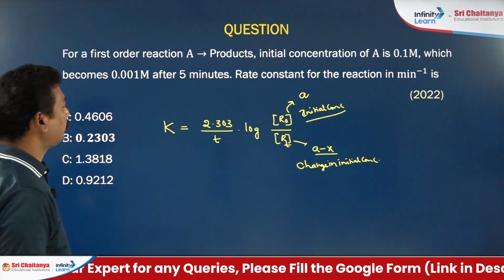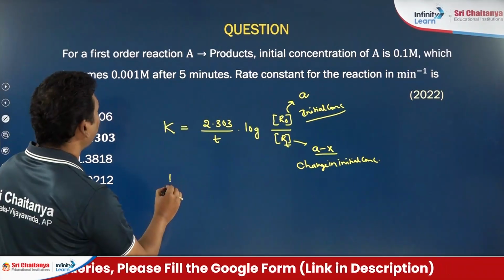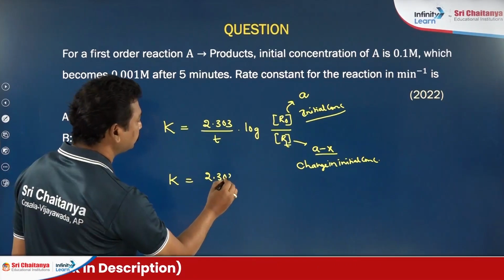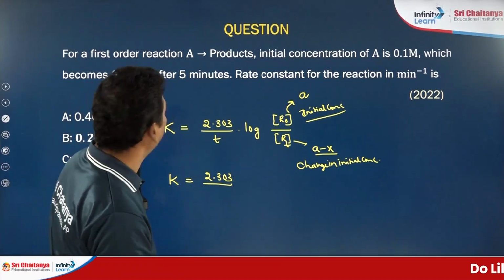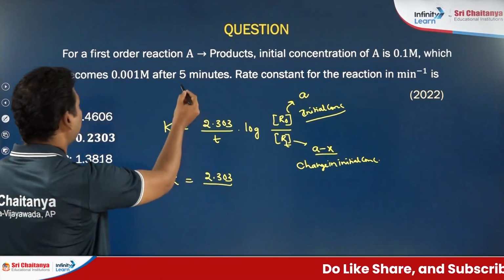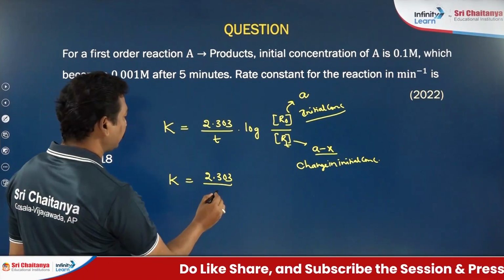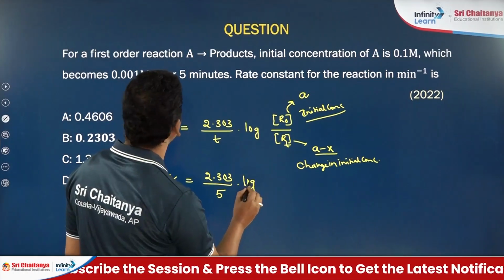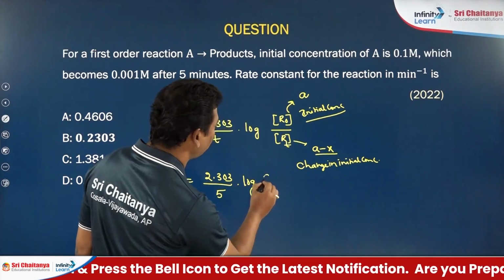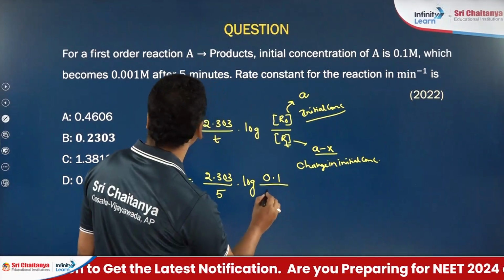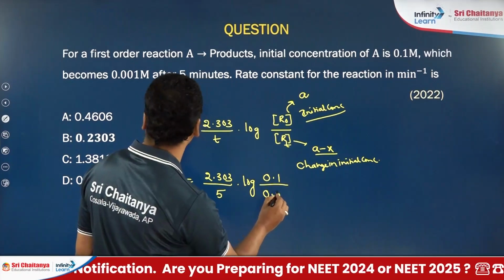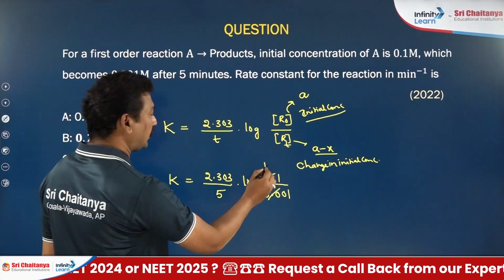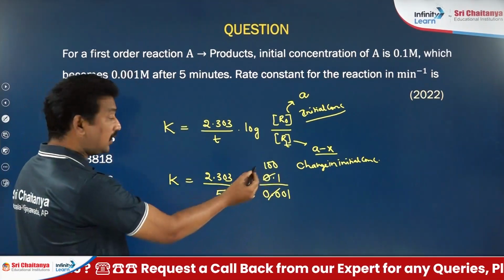Right. Coming to the question. K is equal to 2.303 by, what's the time here? The time is given in minutes. 5 minutes into log of initial concentration of the reactants, 0.1 molar, by the change in initial concentration of the reactants, 0.001 molar. And this will become 100 times. That is log 100.